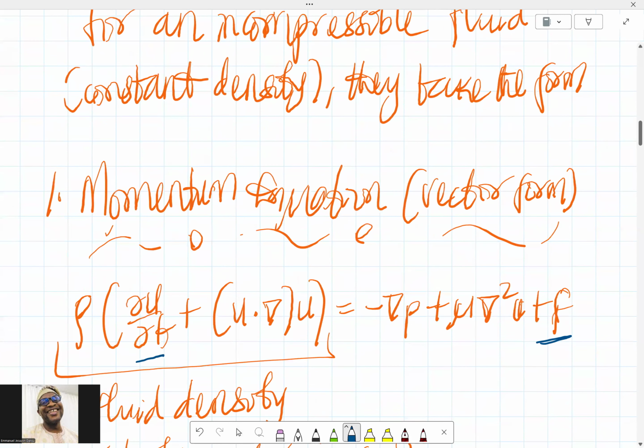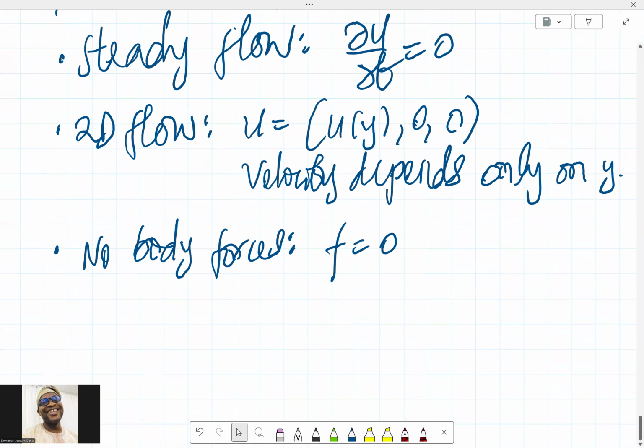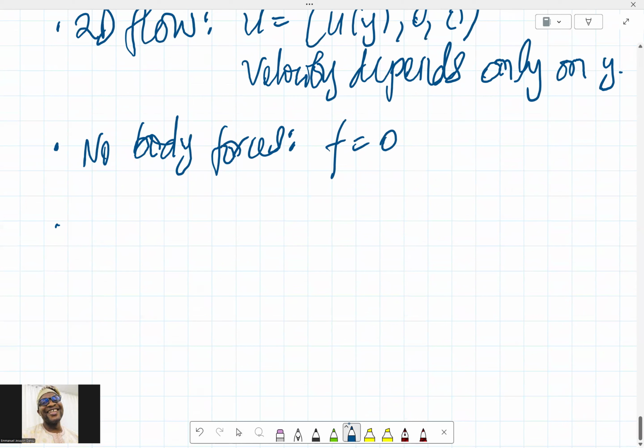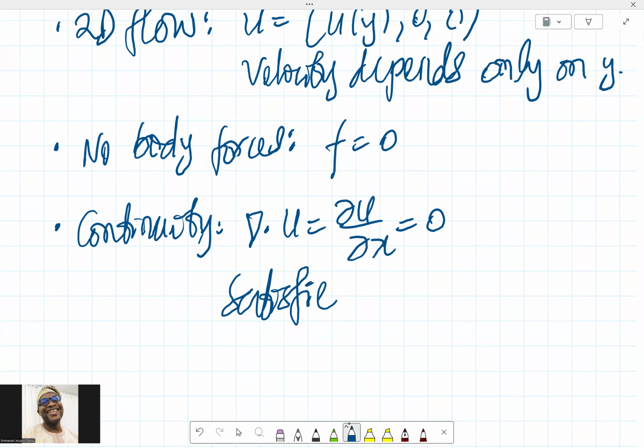The next thing is that for continuity, grad dot u is partial u partial x, and that is equal to 0. That is satisfied for sure, since u is only a function of y. u is not a function of x, so that's fine.